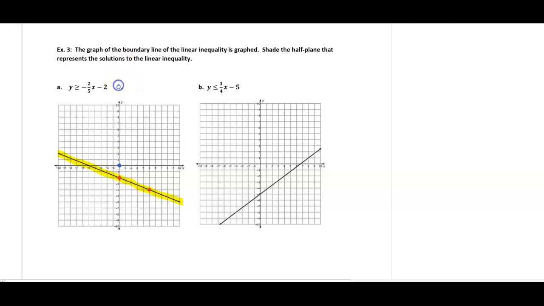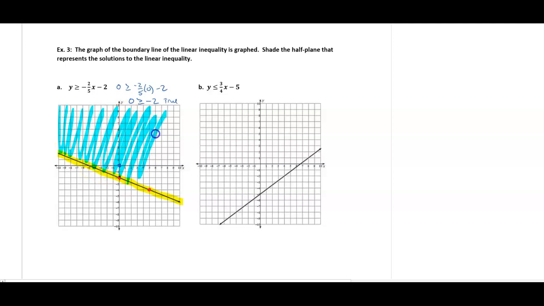If I plug (0, 0) into this, is 0 greater than or equal to -2/5 times 0 minus 2? Is 0 greater than or equal to -2? This is a true statement. Therefore, (0, 0) is in the shaded region.